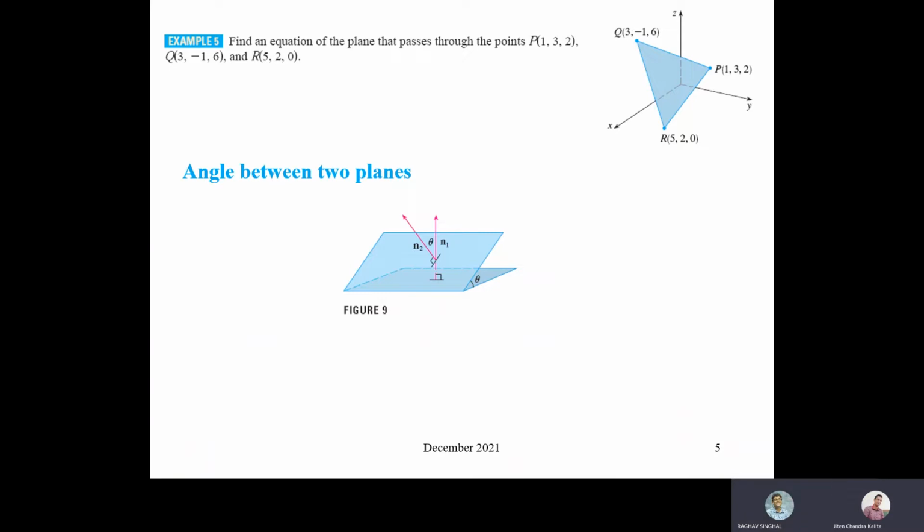Meanwhile, let me just note down those three points: 1, 3, 2; 3, minus 1, 6; and 5.